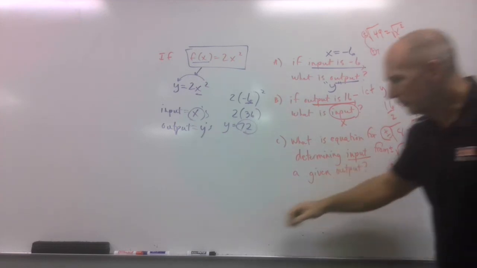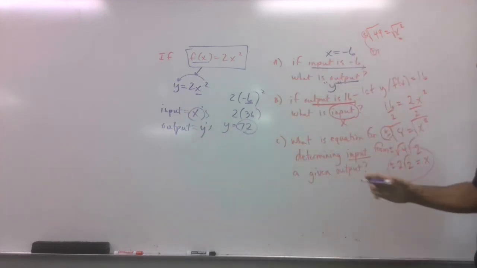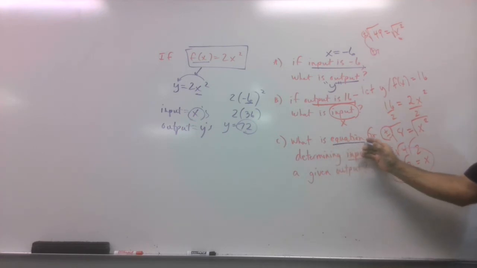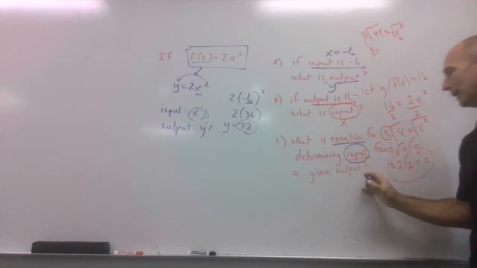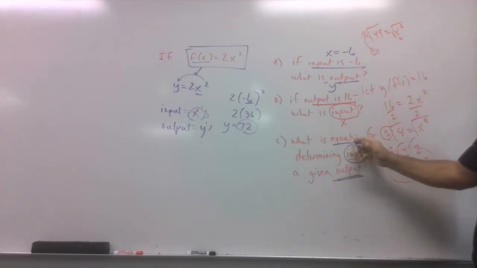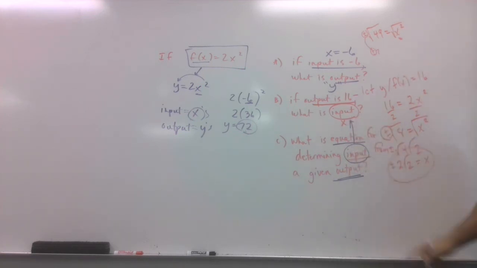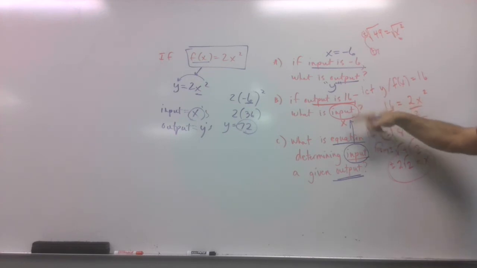All right. Now they come at you even differently. What is the equation for determining the input from a given output? So it's kind of like, all right, let's build an equation to show what it is we just did.